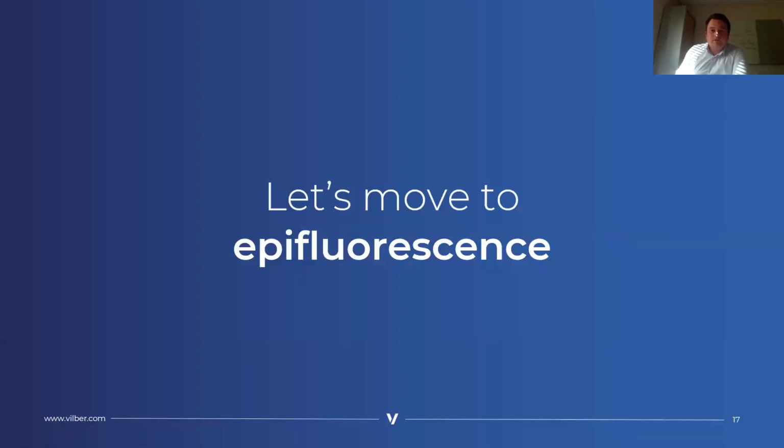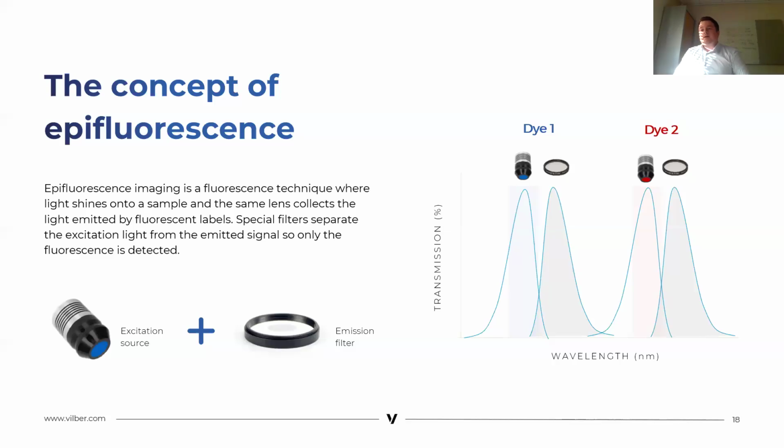So let's move to epifluorescence now. The epifluorescence technique: epifluorescence imaging is a technique where light shines onto a sample and the same lens collects the light emitted by fluorescence labels.